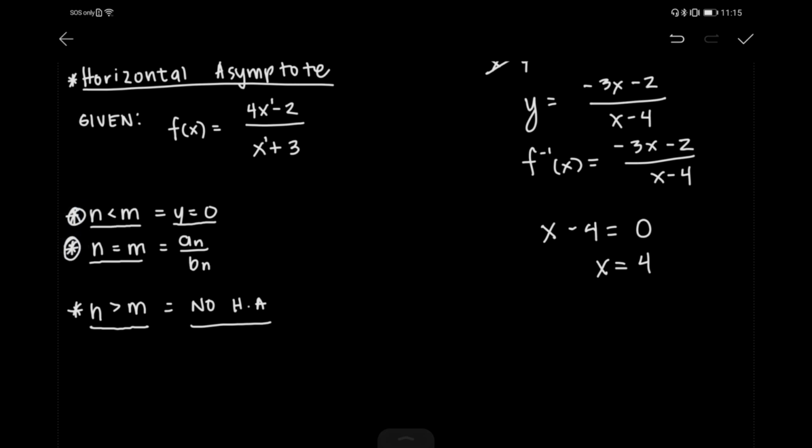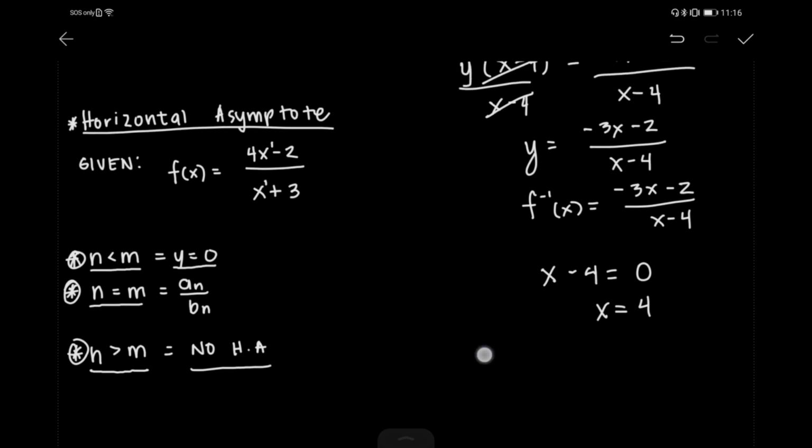So, in this case, mula sa tatlong ito, saan papasok ang condition natin, yung ating given horizontal asymptote. So in this case, ang exponent ng ating numerator is 1 at exponent ng ating denominator is 1. So as you observe, yung exponent ng ating numerator is equal to the exponent ng ating denominator, which is 1.